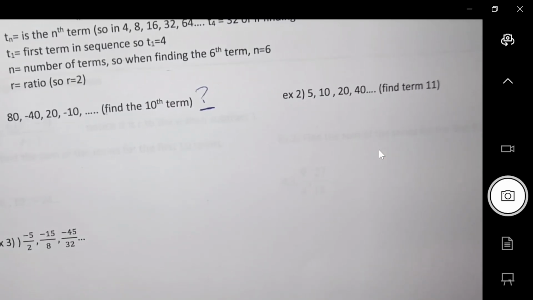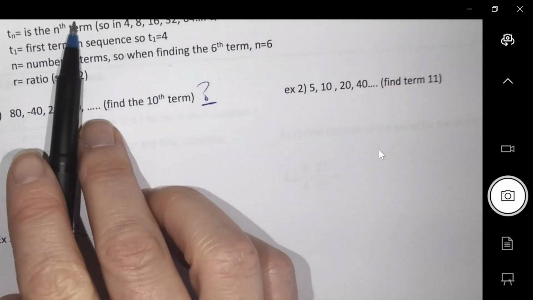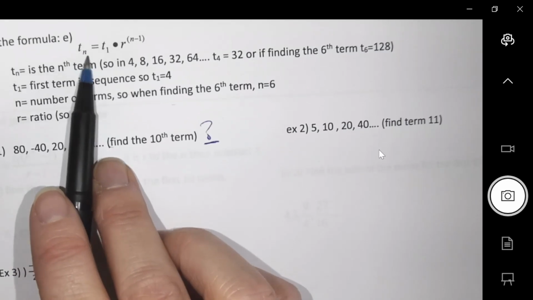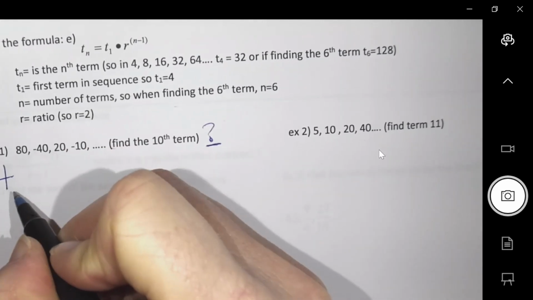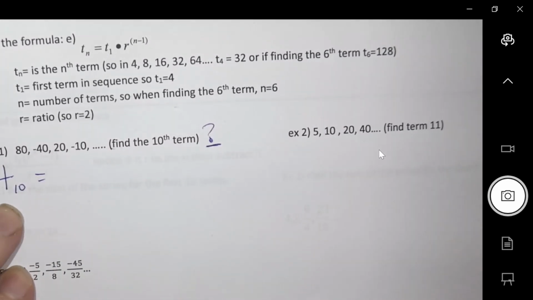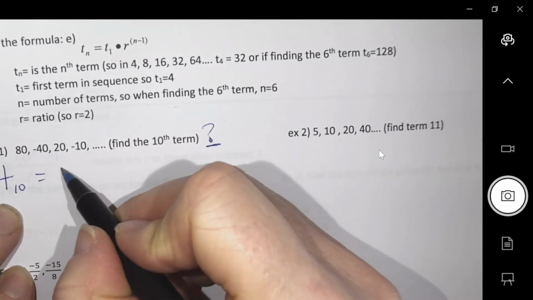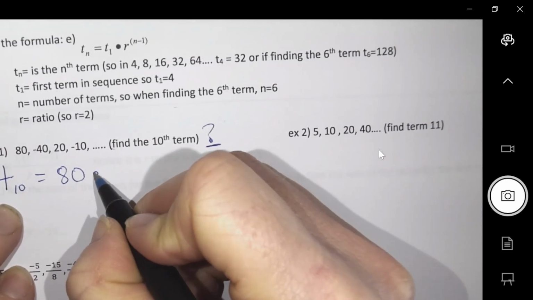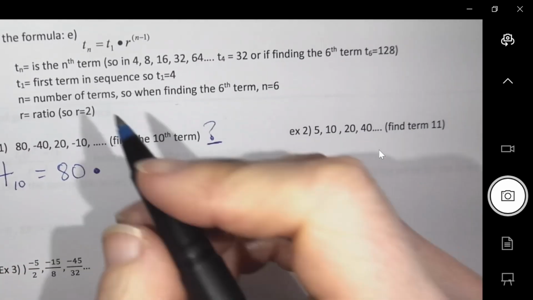Are we going to have the values on the formula? Oh yeah. Okay, here we go. The formula, term n. So I'm going to go term 10 equals term 1, which is 80, times the r.